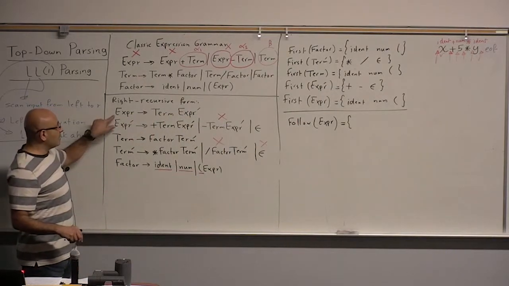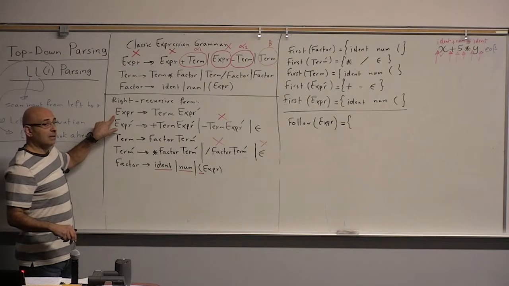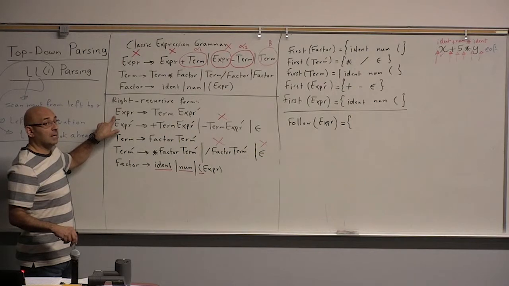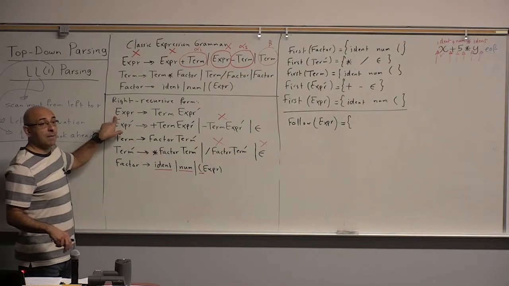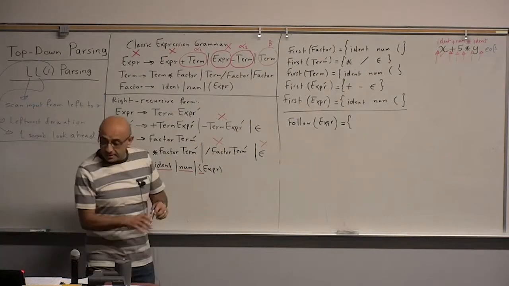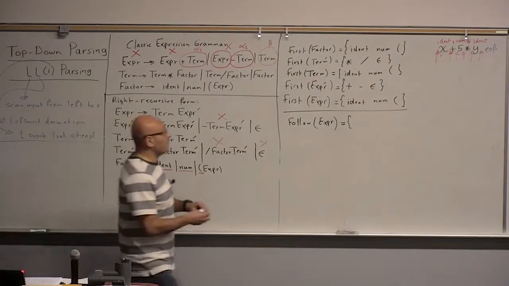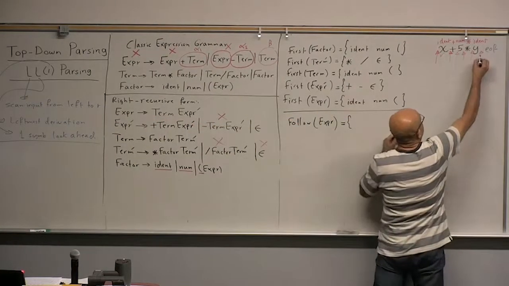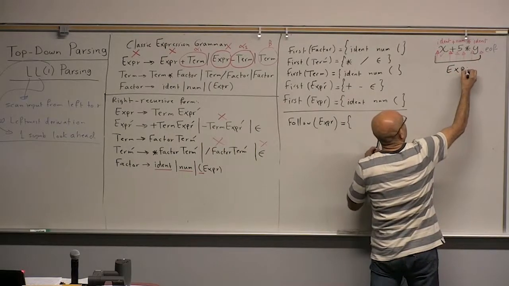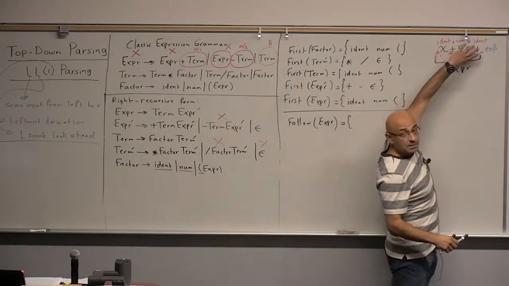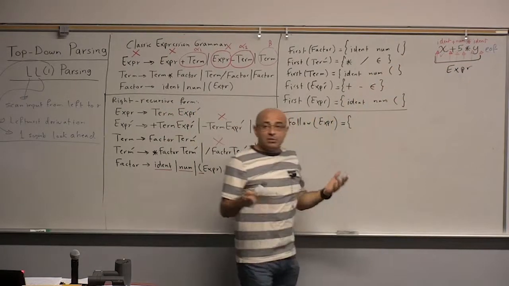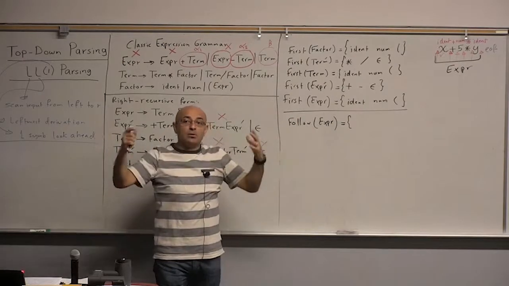The follow of the start variable is always, generally for any grammar, end of file. No matter what you are deriving, this whole thing is going to be an expression. Expression is your start variable, which is the biggest thing, the root of the tree.